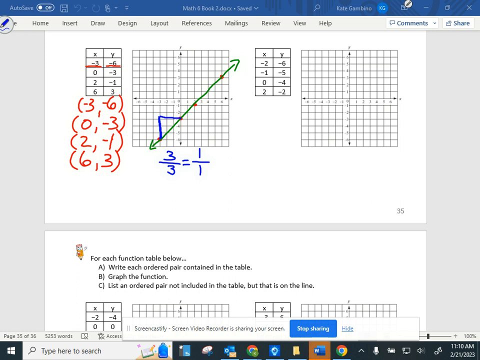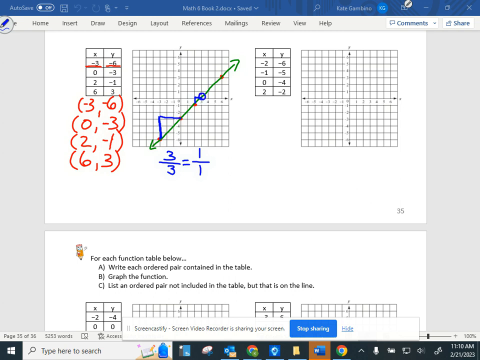No, that's not an ordered pair. I'm going to use that slope to find another ordered pair. So I'm going to go to a different dot on my line, and I'm going to do that slope, 1 over 1. I'm going to go up 1, over 1.